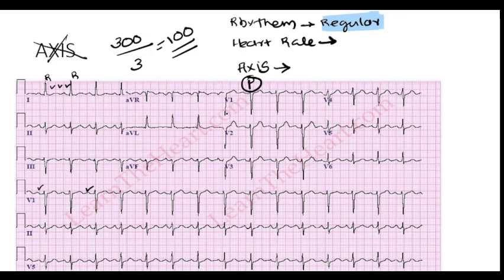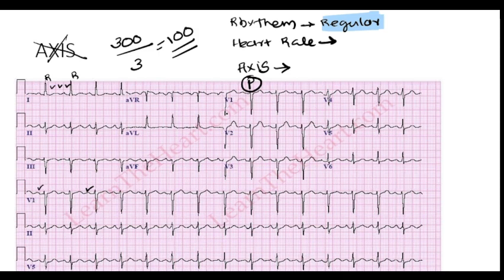So my suggestion here is to look first for the rhythm, then look for the P wave. If the rhythm is regular, then it's not going to be atrial fibrillation. You don't need to worry about the P wave, just look at the rhythm. Regular rhythm means it's not atrial fibrillation.